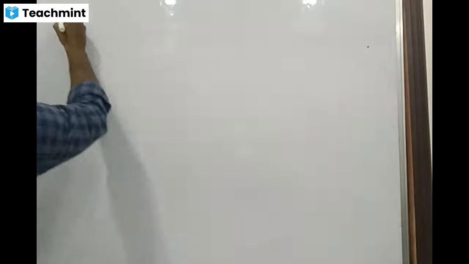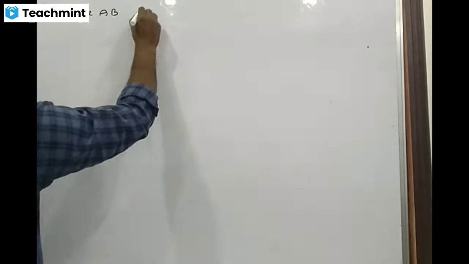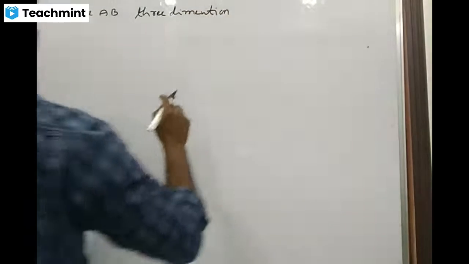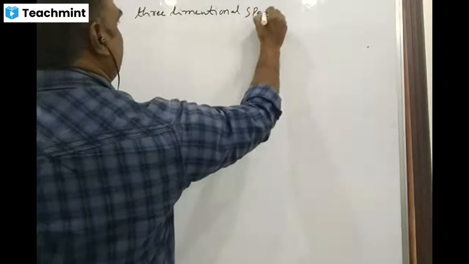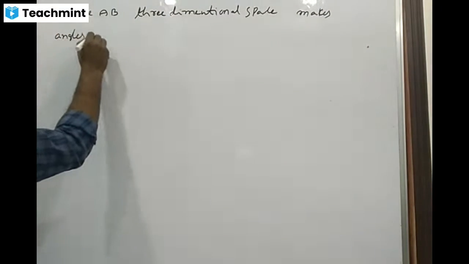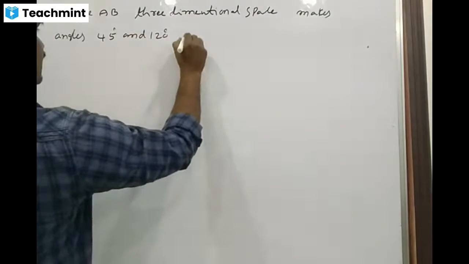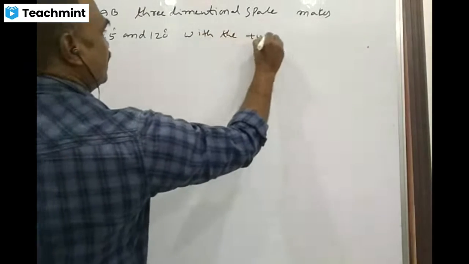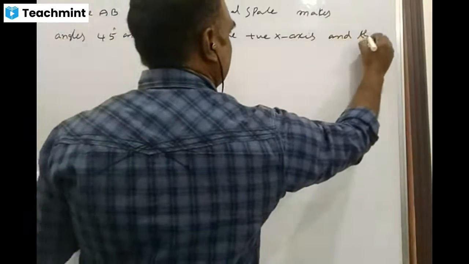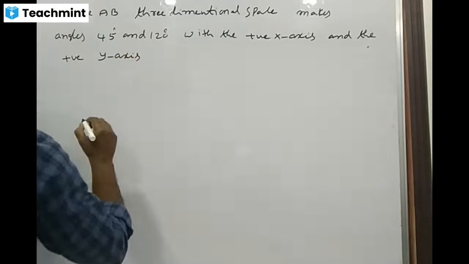A line AB in three-dimensional space makes angles 45 degrees and 120 degrees with the positive x-axis and the positive y-axis respectively.